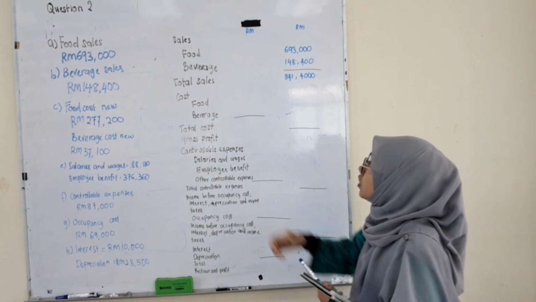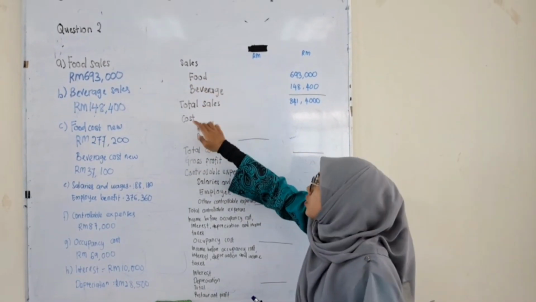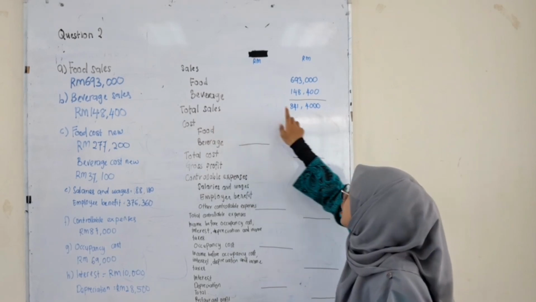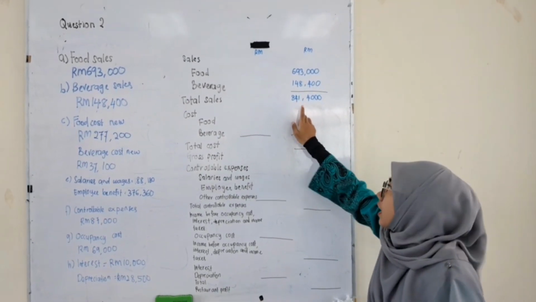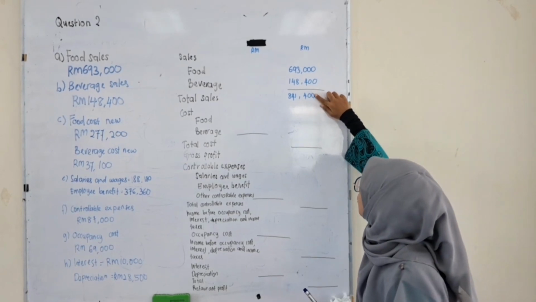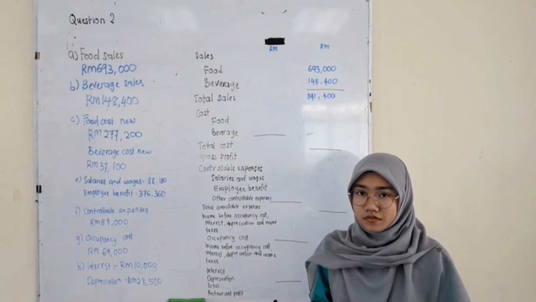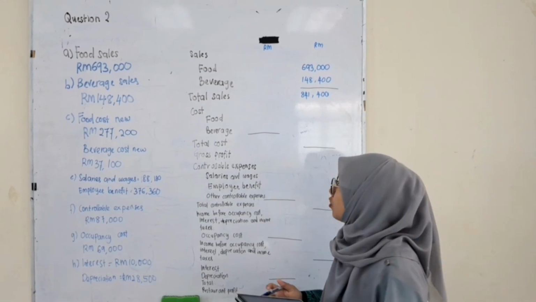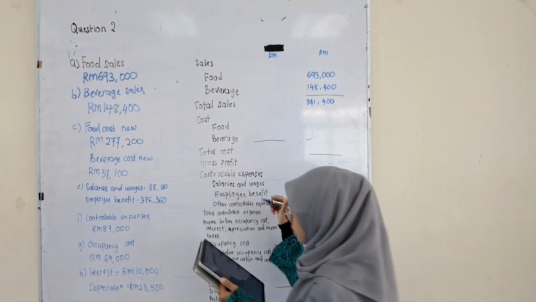So after we add food sales and beverage sales, we get the total sales, which is 841,400. Now we move to the food cost and beverage cost.